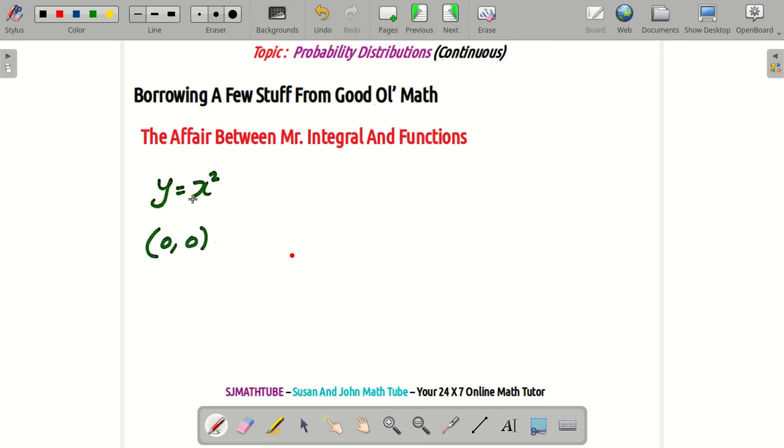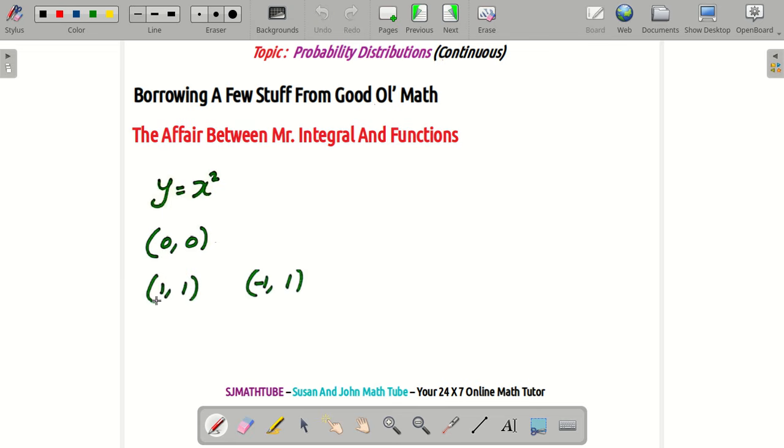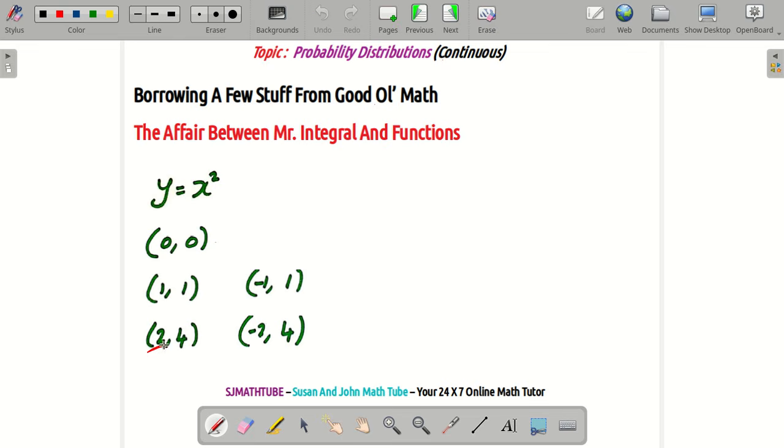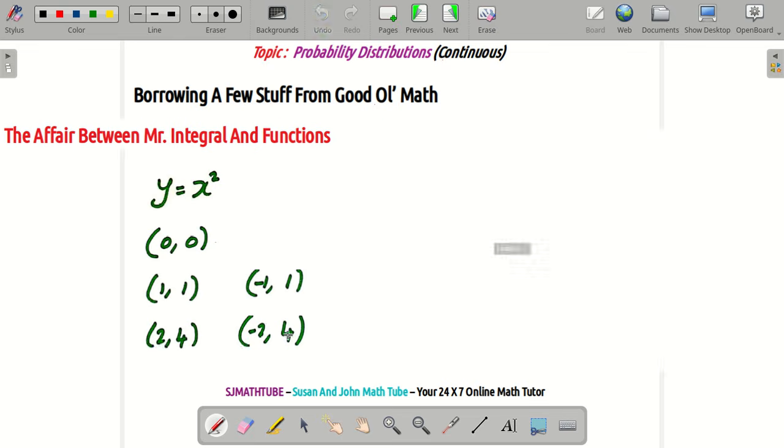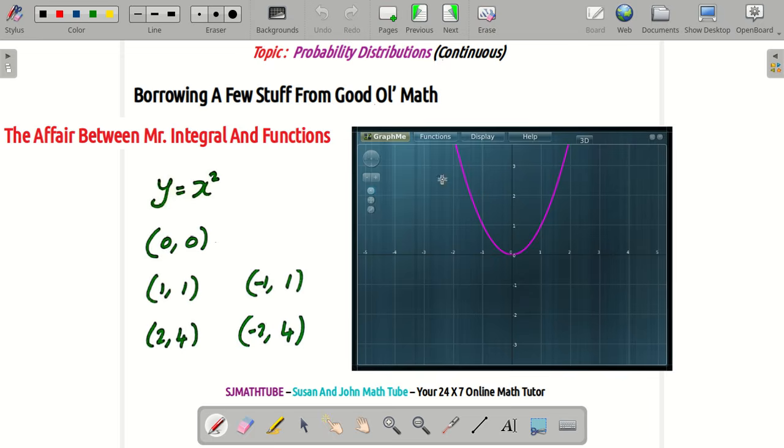If I input 0, I'll get the output 0 square, that is 0. If I input 1, I'm going to get 1. If I input minus 1, I'm going to get minus 1 the whole square, that is 1. And so on. And if I try to graph it, I get a parabola.